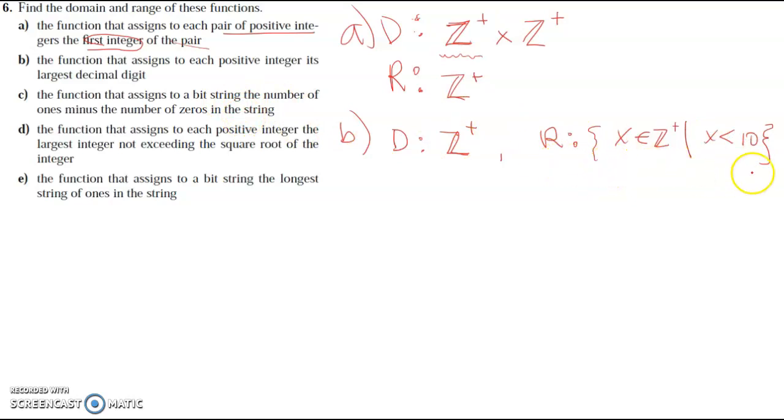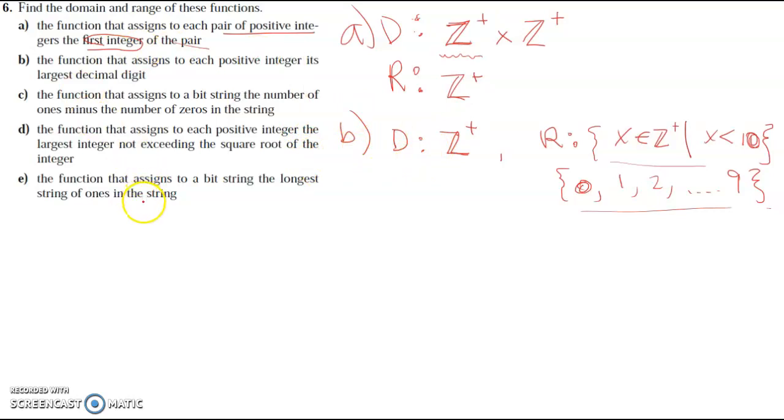This is a fancy way of writing it. You can also just list all the numbers. You can include 0. You don't have to, but I'll include it because you can have a 0 as a decimal digit. 1, 2, and list it all the way out to 9, because if it becomes 10, it takes on the decimal digit 0, which is included here. So you can either write it this way or just list out all of the possible values of the range.